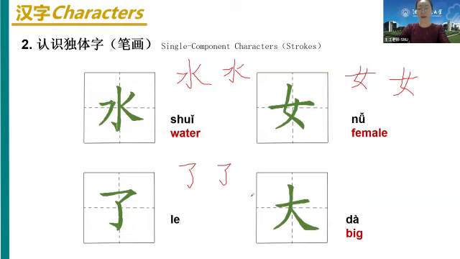And 多大 means how old. We have learned 多大. 李老师多大了? How old is teacher Li? So 大 means years of age. Okay, 大. Let's write it together. Horizontal.